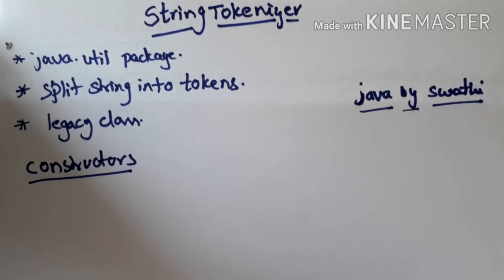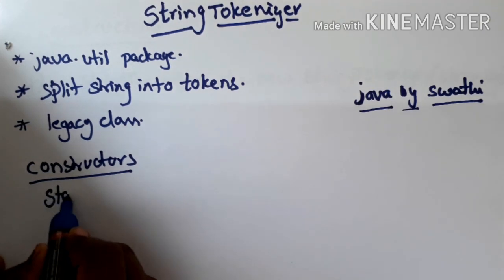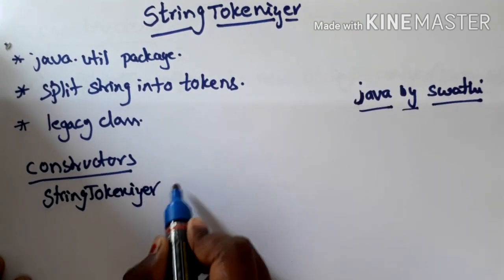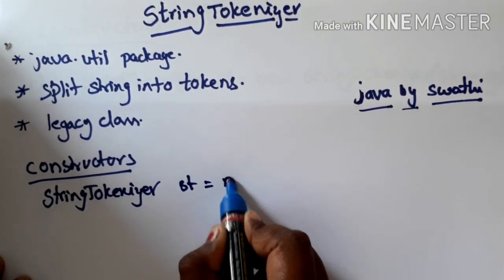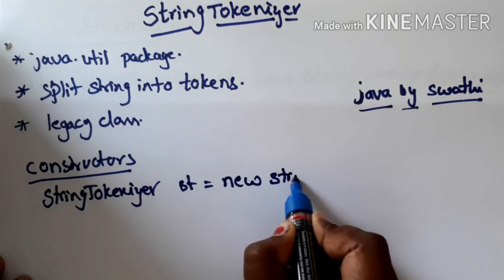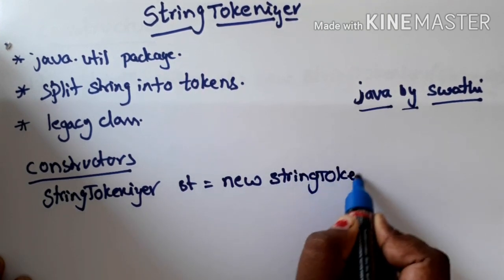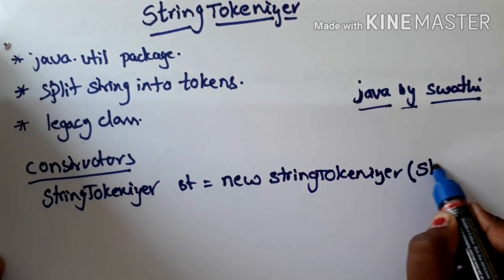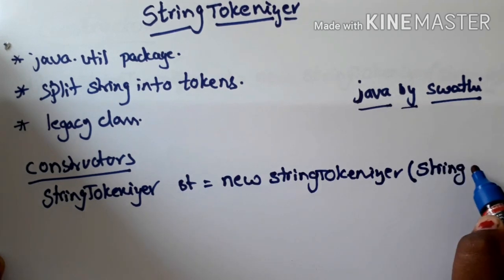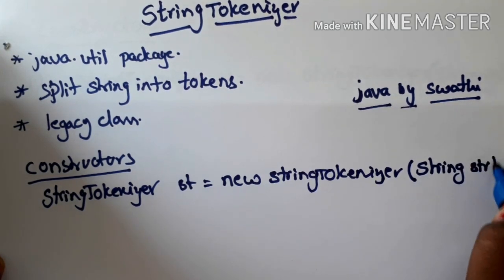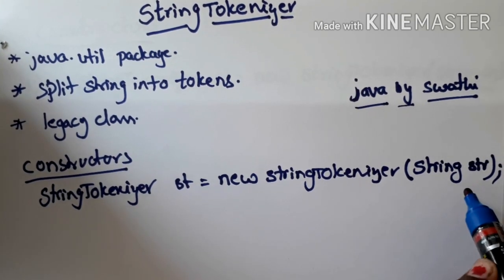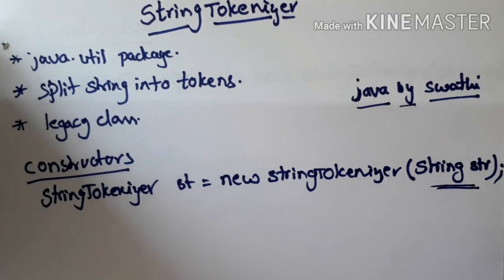The first way for creation of the StringTokenizer object is: StringTokenizer st = new StringTokenizer(str). Here we are creating the object by taking the help of the constructor which takes a string as parameter.